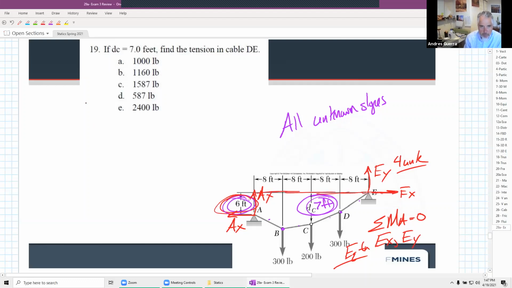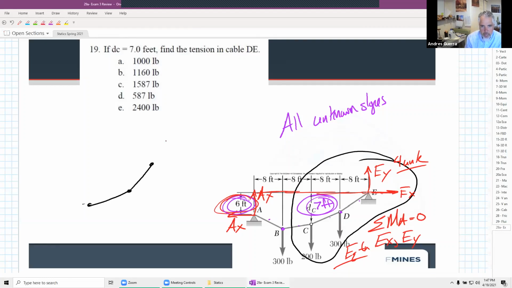Now our next FBD is one that's going to utilize the 7 feet and include EX and EY. So we're going to do this FBD of CDE, so C to D to E right here, and we'll get an EX and an EY again.